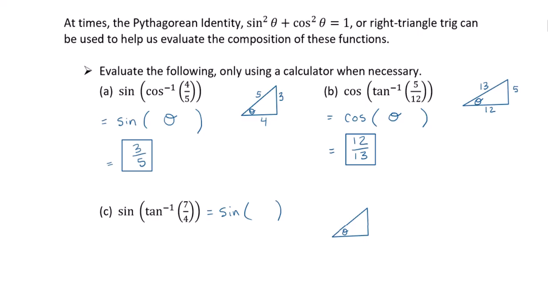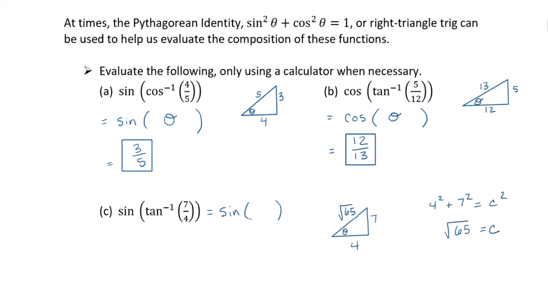And I know that the tangent is the opposite over the adjacent. Now, when I put this into the Pythagorean theorem, I know 4 squared plus 7 squared equals c squared. And this ends up being the square root of 65 is my c, my hypotenuse.